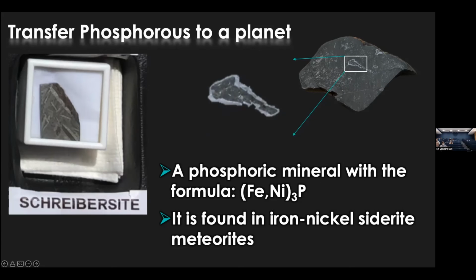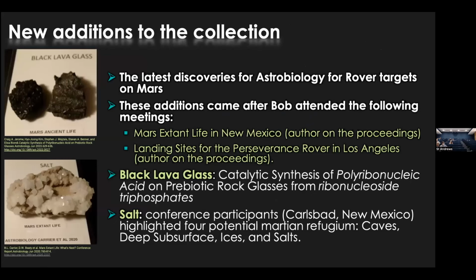This is a phosphoric mineral with this formula here, iron nickel, of course, plus phosphorus. And since it contains phosphorus, it could really provide the phosphorus that life requires, as we already said.